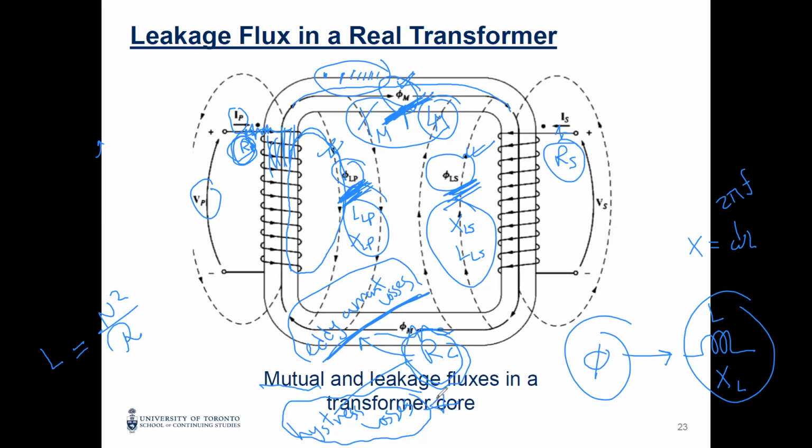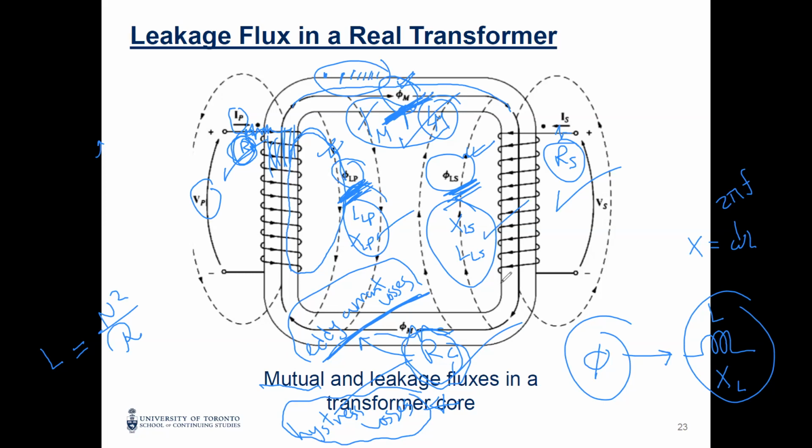How many parameters do we have now? Resistance for the primary, resistance for the secondary, resistance for the core, 3 resistances. X or L in the M, leakage for the primary, leakage for the secondary.